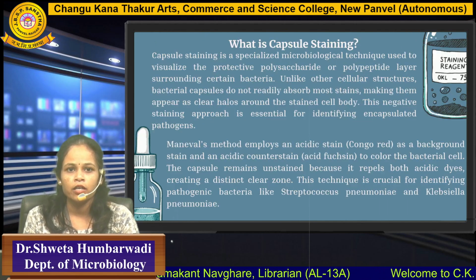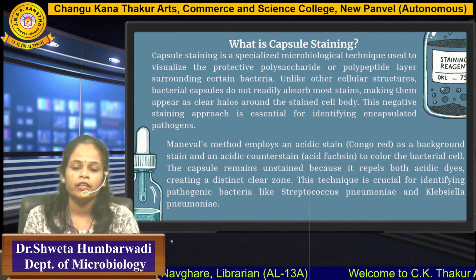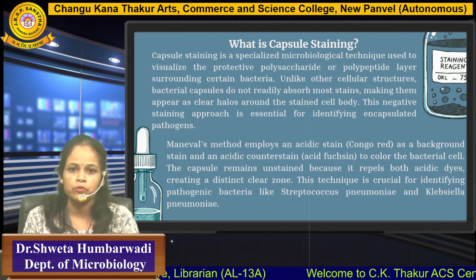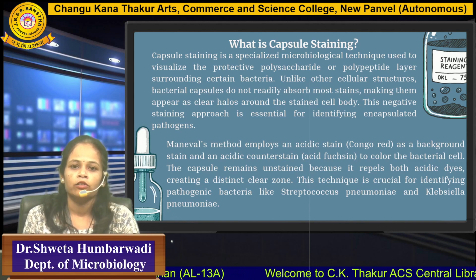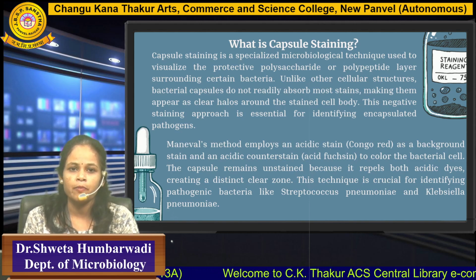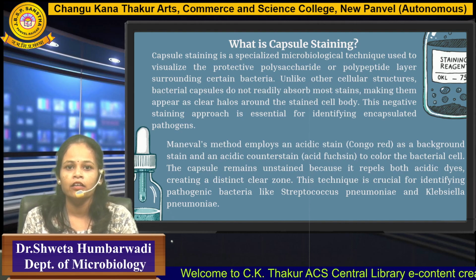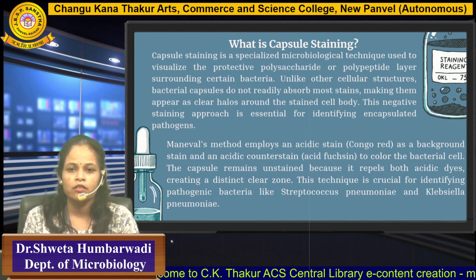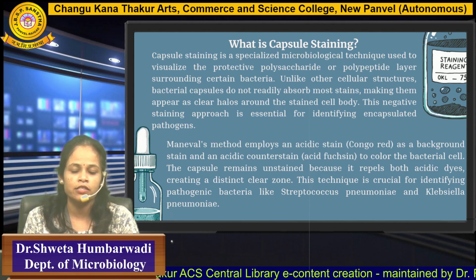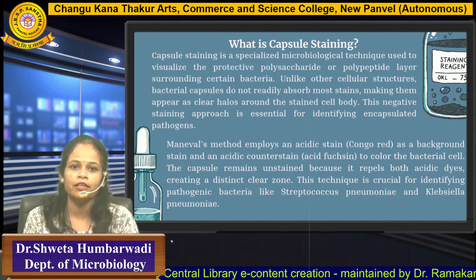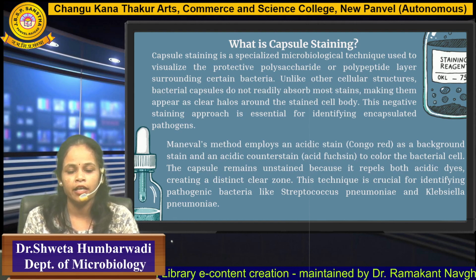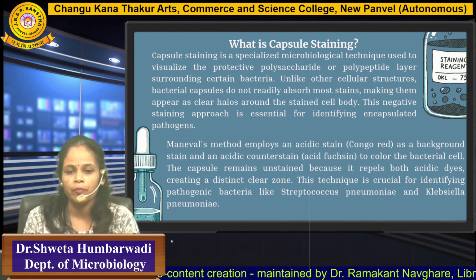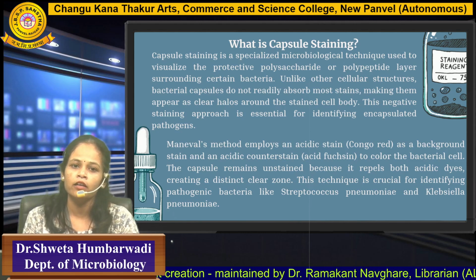So what is capsule staining? Why is a separate staining method used for capsule observation? Unlike other cellular structures, bacterial capsules do not readily absorb most stains. So to make them appear as clear halos around the stained cell body, we use the negative staining approach. In negative staining, the cell will appear colorless and the background will be colorful.